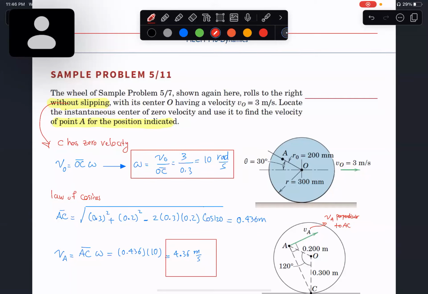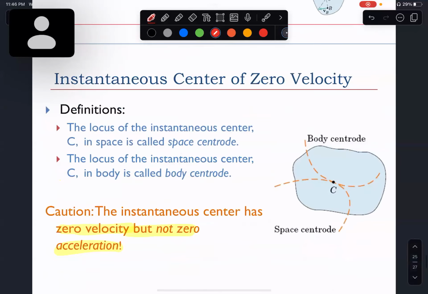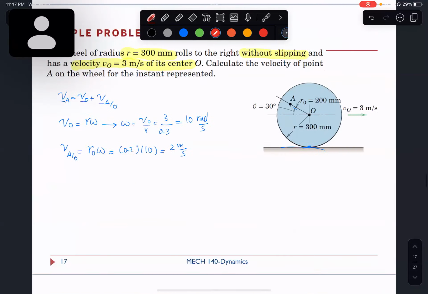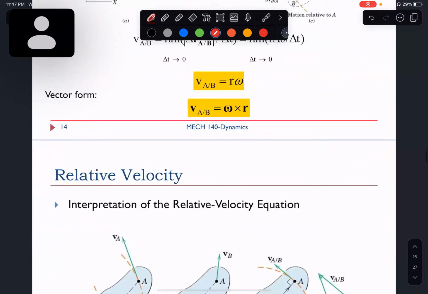Instead of sample problems, I'll do some exercises, and I want to keep those for the class because I want to first review everything that I did today. And also, I think some things are easier to show when you're actually in class and you're using the whiteboard, and I can use my hands and everything. So I'll solve one more difficult example from instantaneous center of zero velocity, and one more difficult example from relative velocity.